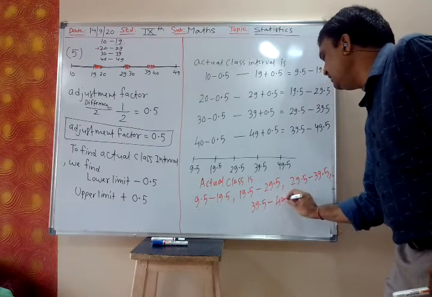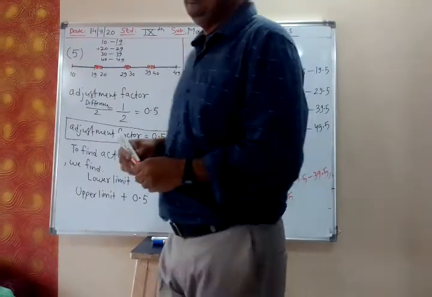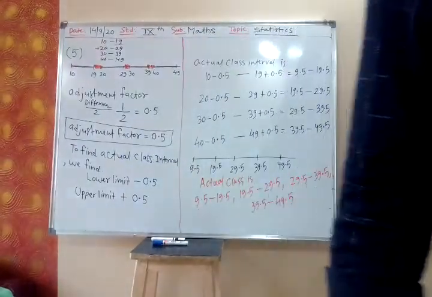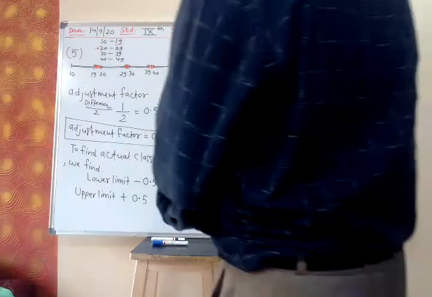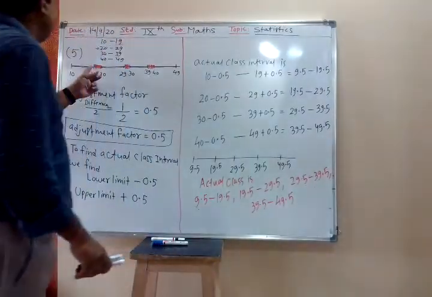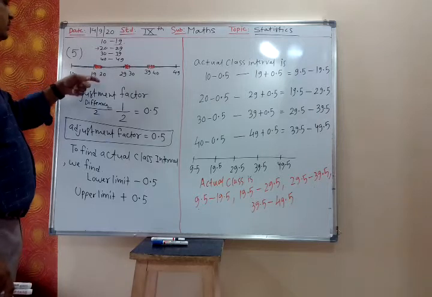So whenever the class intervals are not continuous, we have to make them continuous. How do we make them continuous? By finding the adjustment factor. And how do we find the adjustment factor? Whatever is the difference between two consecutive class intervals, that difference we divide by 2.